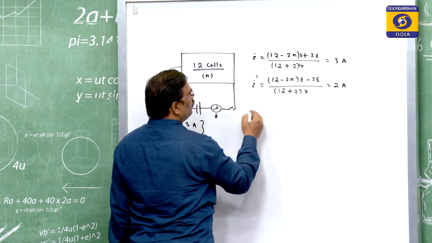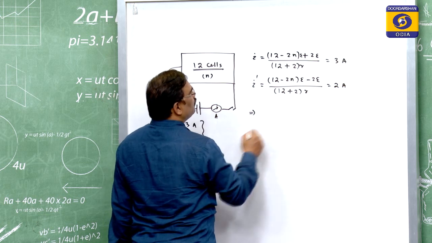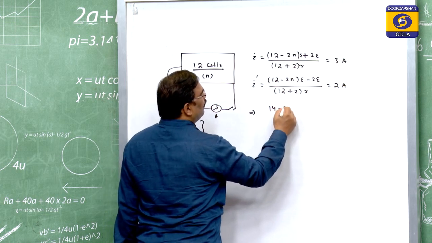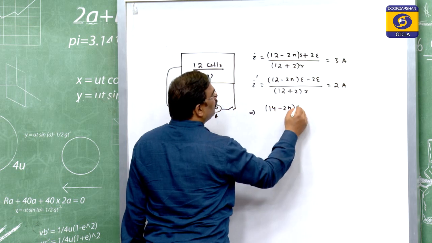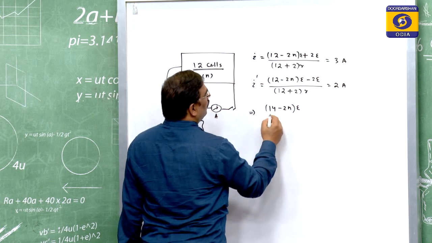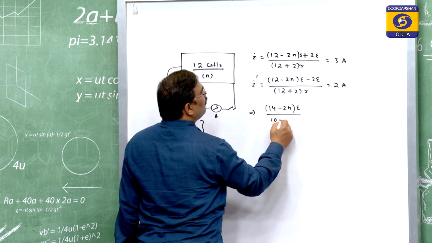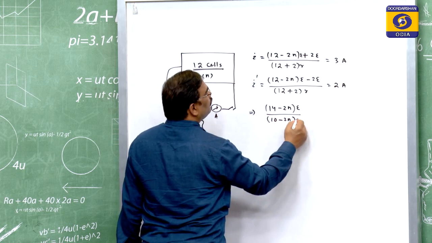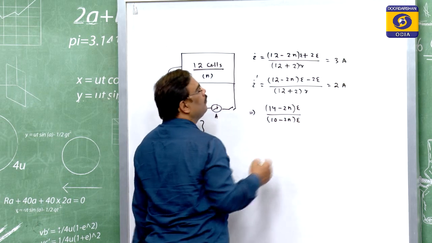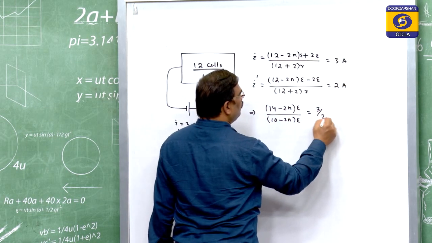So, this implies (14 minus 2n)E divided by (10 minus 2n)E equals 3 by 2.